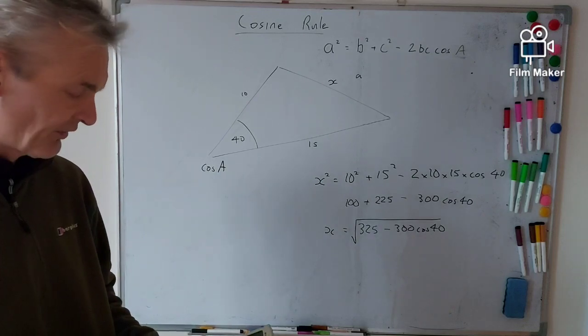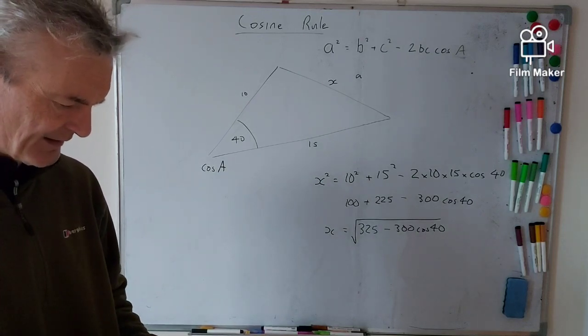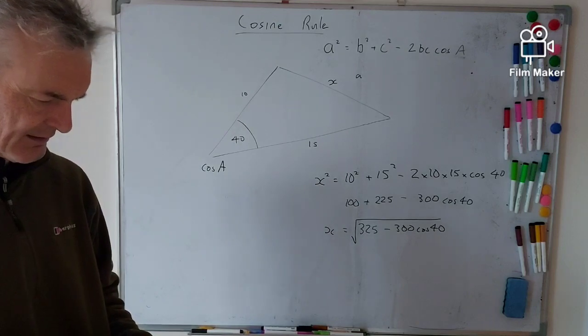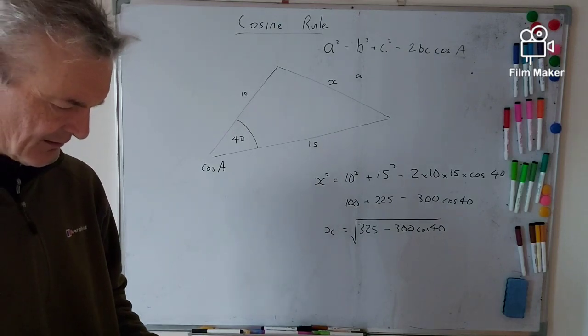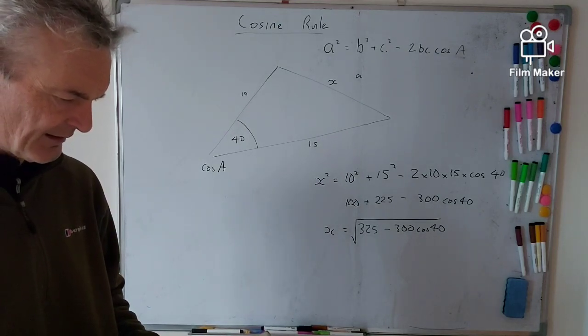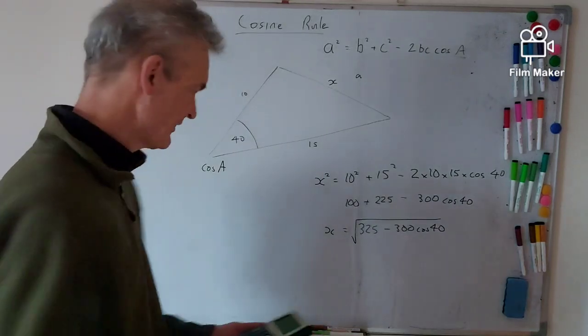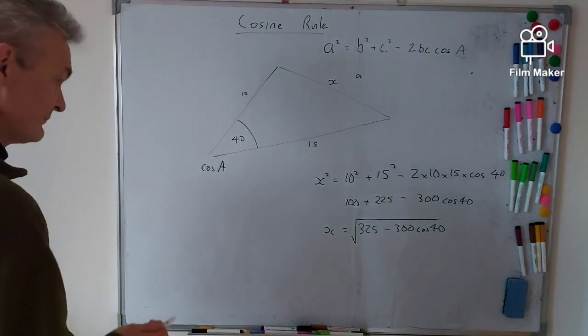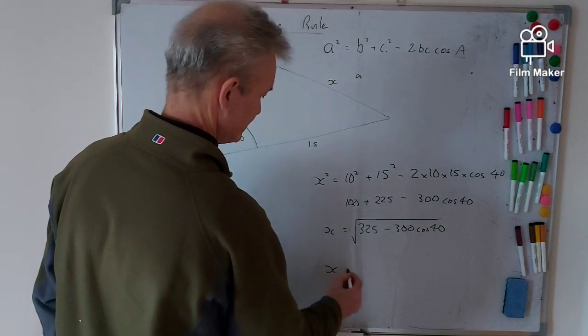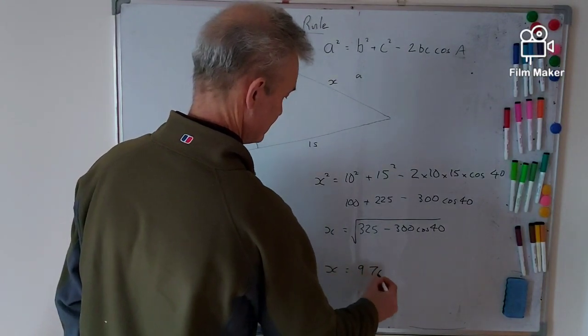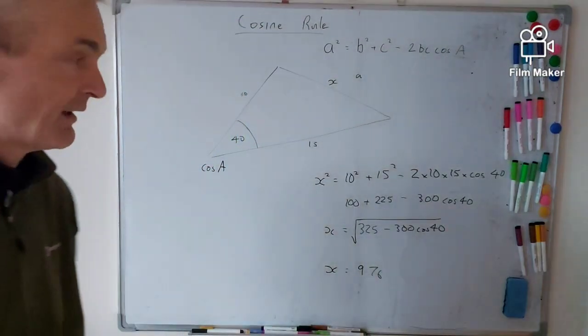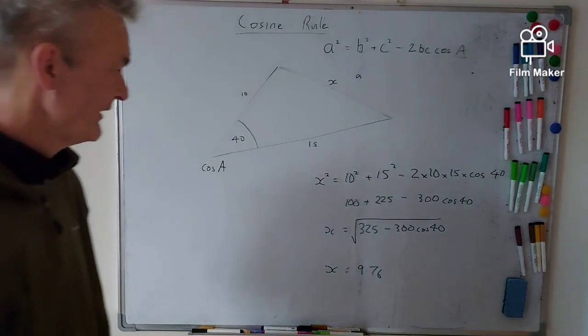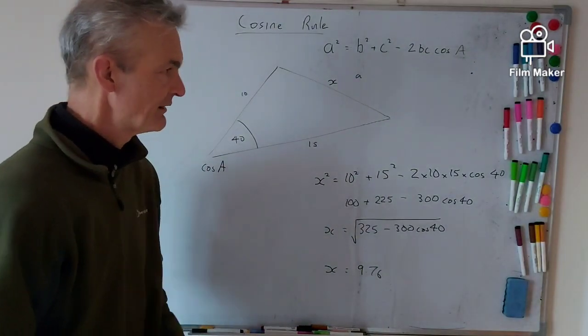Then we just want to square root that. And that gives us 9.76, which is our answer for that one. So that's how we go about finding a side.